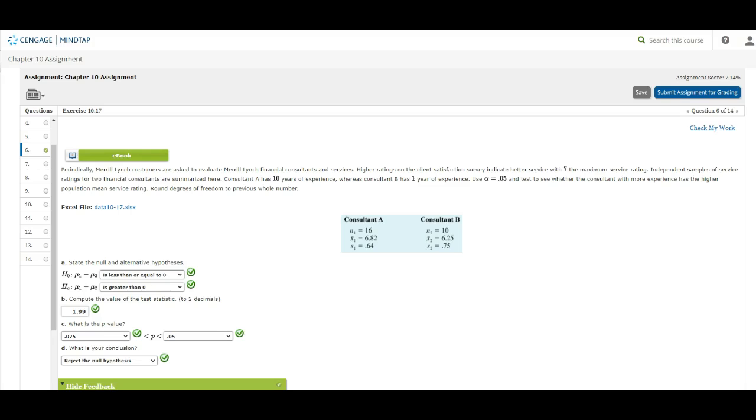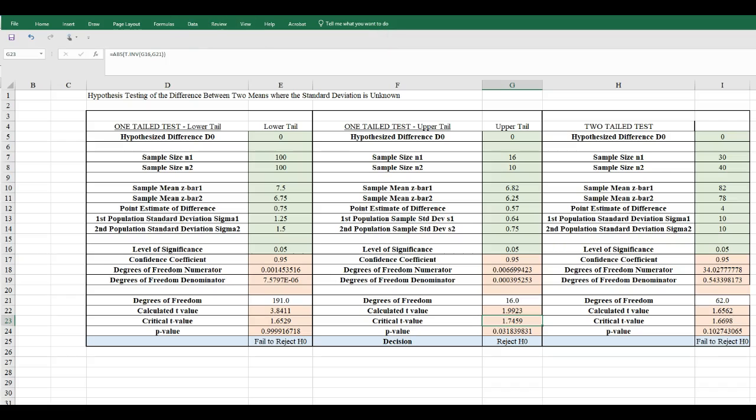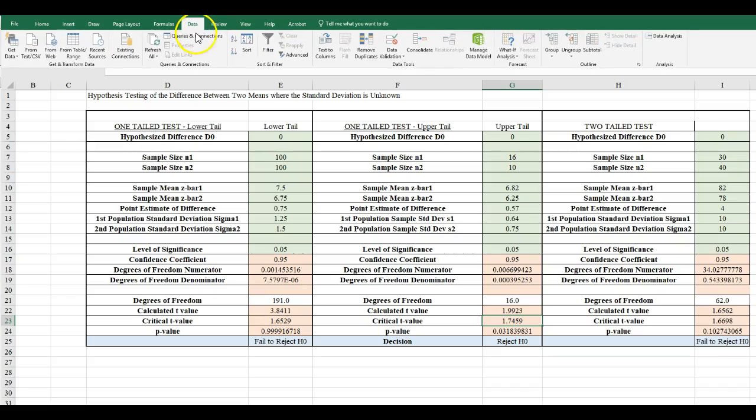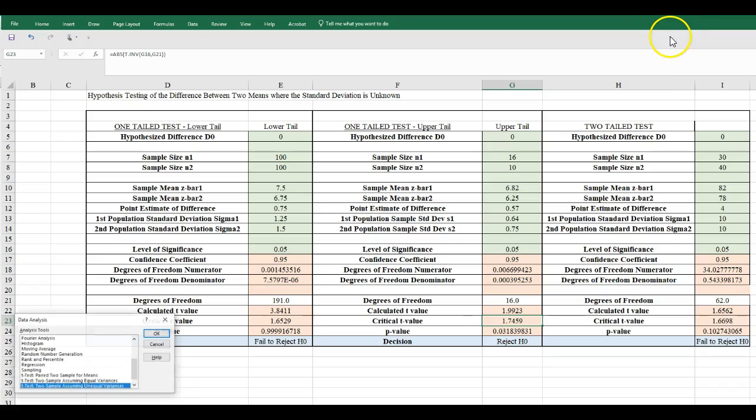So I will upload this final version of the toolkit so that you can use it to solve these types of problems if you choose to. To coincide with the example given in your book, if you load the data analysis add-on, if you had the actual data, then you would use the t-test two sample, assuming unequal variances, as the tool you would use.